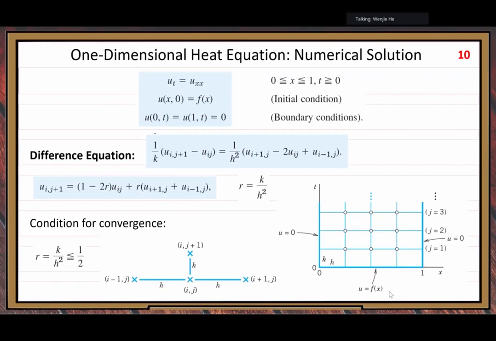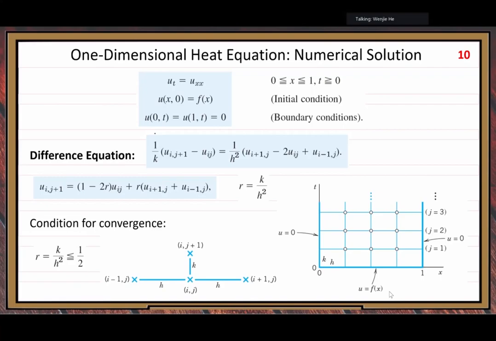The boundary condition: u equals 0 on this boundary, and u equals 0 at capital L equals 1. The initial condition: when t equals 0, u equals the little f function. So the values on this edge are known.